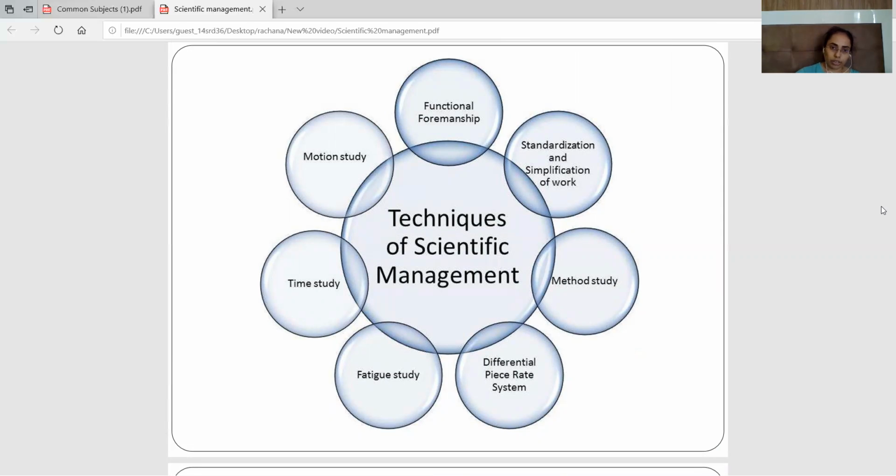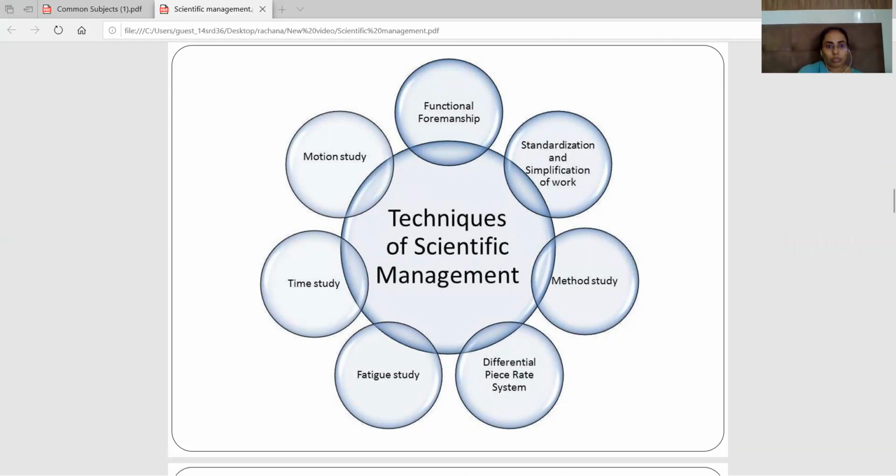So what are those techniques? These 7 techniques, as you see on the slide, are grounded on numerous investigations carried out before. The first technique is known as functional foremanship.